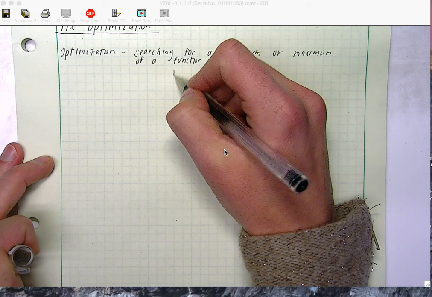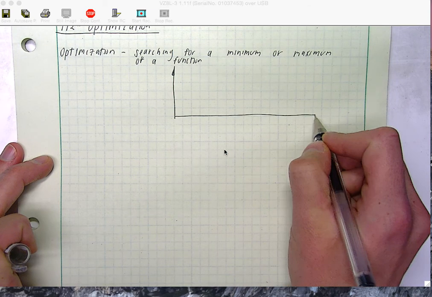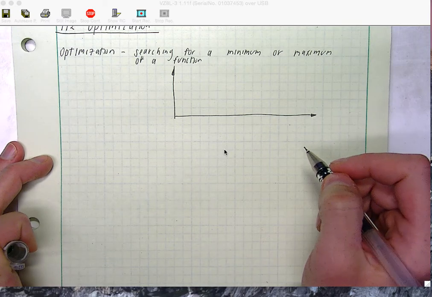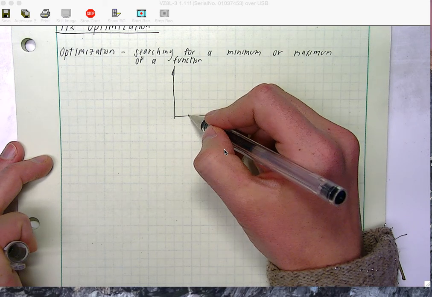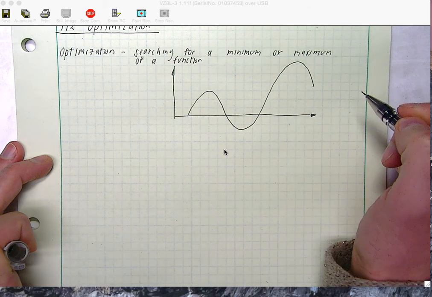And this often, at first look, appears to be a very simple problem because there's a max and a min function in MATLAB, so a lot of first reactions are, why would you need to write an algorithm to do that?